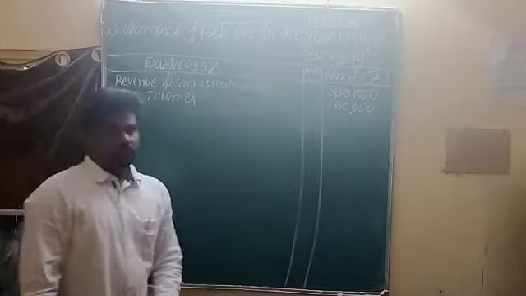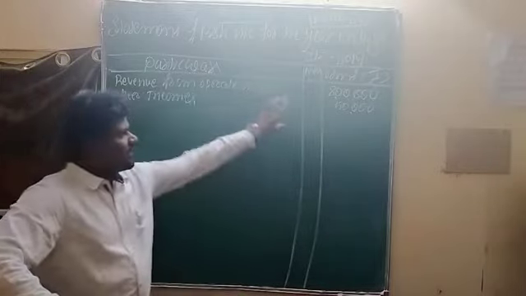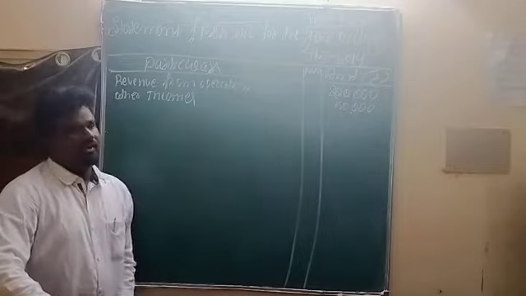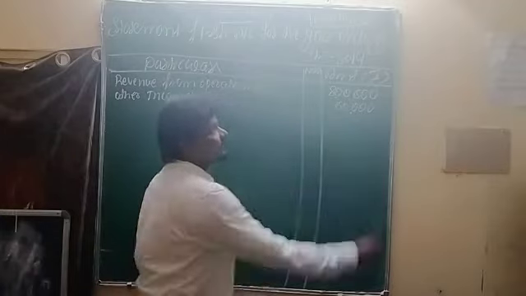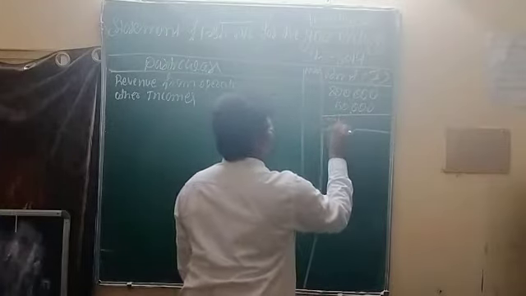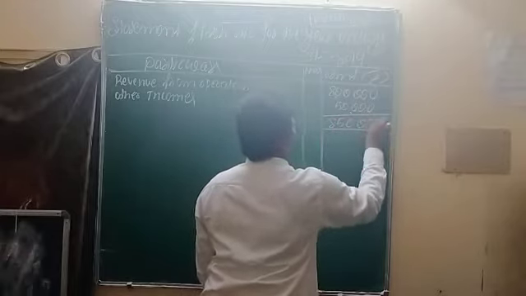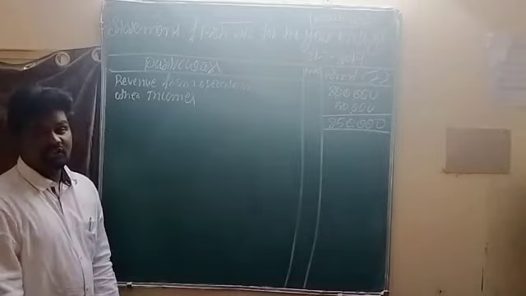For ascertaining total revenues or incomes, they have given two transactions, and both are recorded. Now make the total: 8 lakhs plus 50,000, 8 lakh 50,000.